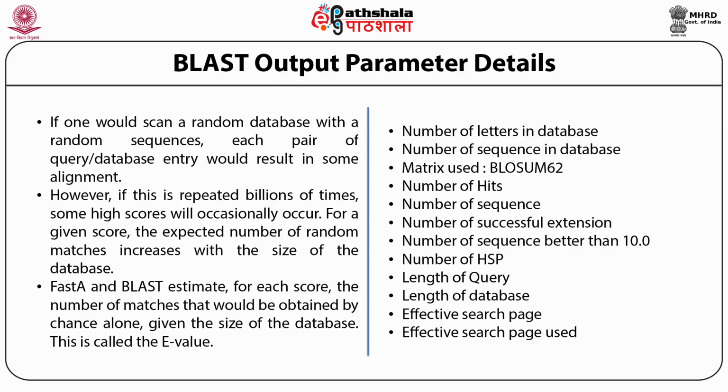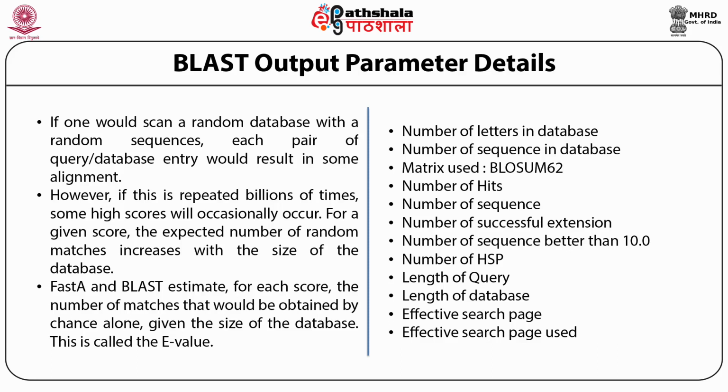Then the number of sequences in the database, how many sequences have been searched for this query sequence. Then what matrix has been used, either BLOSUM 62 or a PAM matrix. Then the number of hits, how many protein or DNA sequences from the database have been aligned. Then after alignment, the number of sequences in those hits.